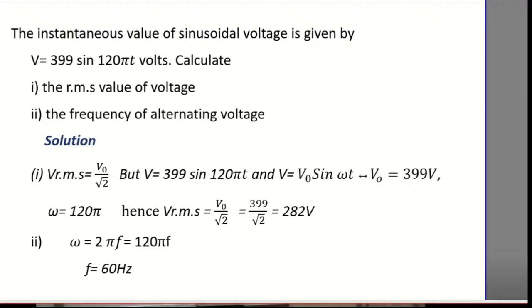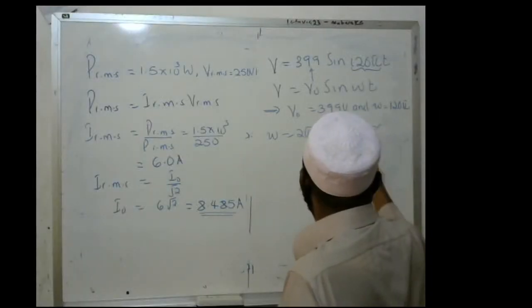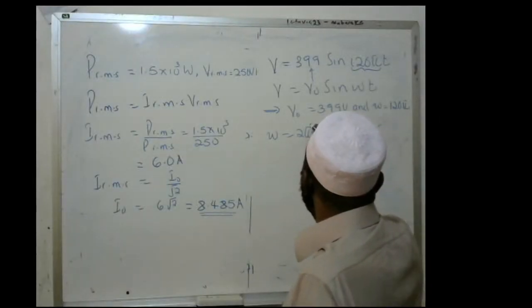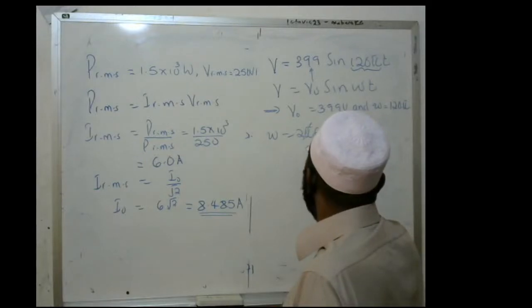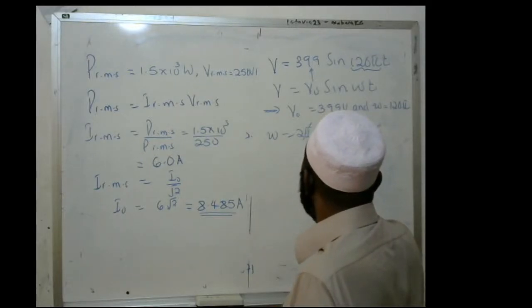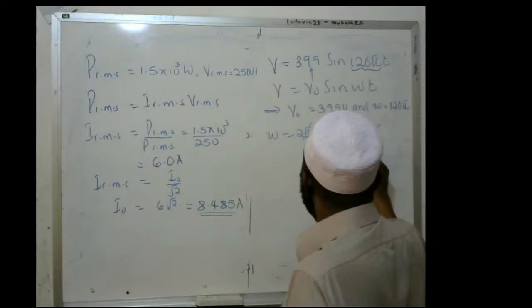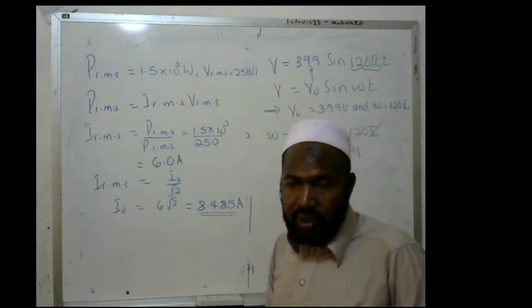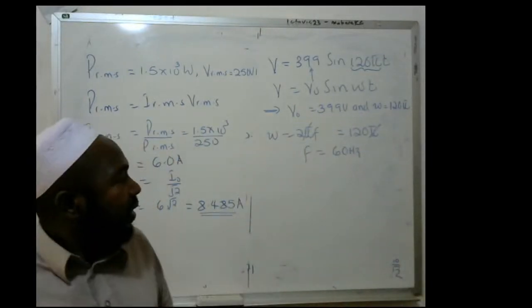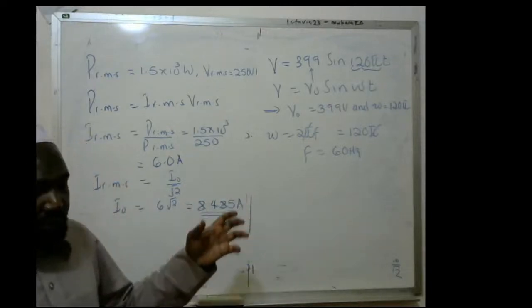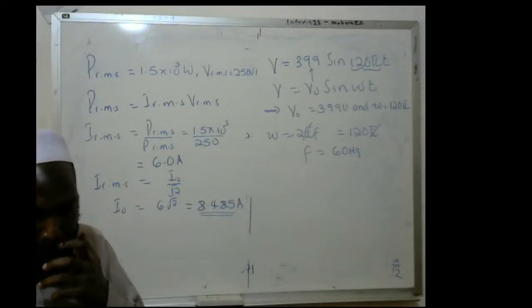So now from this expression we can get the frequency. Omega is equal to 2 pi f, and it is equal to 120 pi. Now you could realize f is equal to 120 over 2, which is 60 hertz. So that is the frequency of the alternating current, which you can obtain that way.